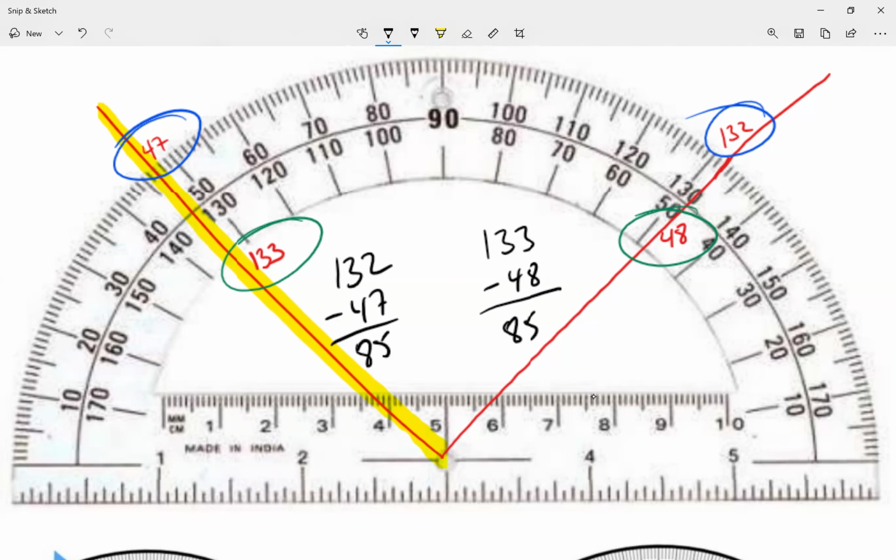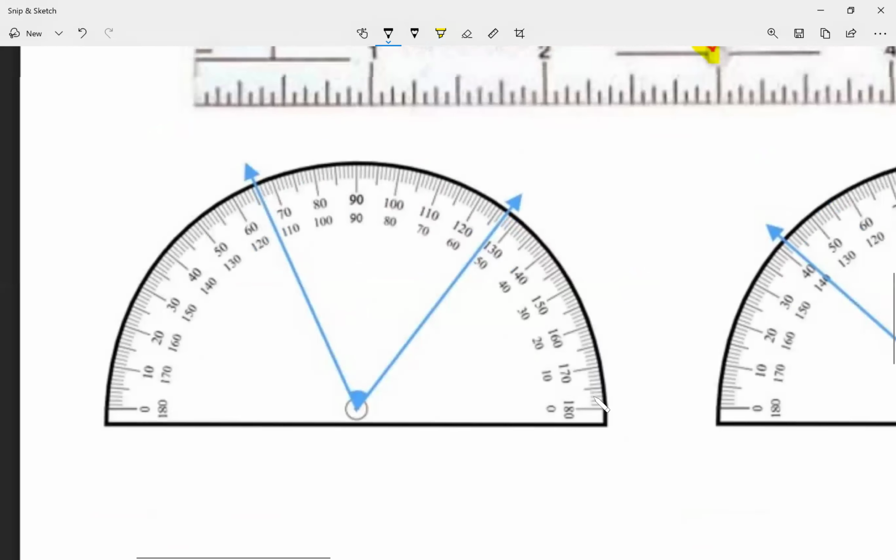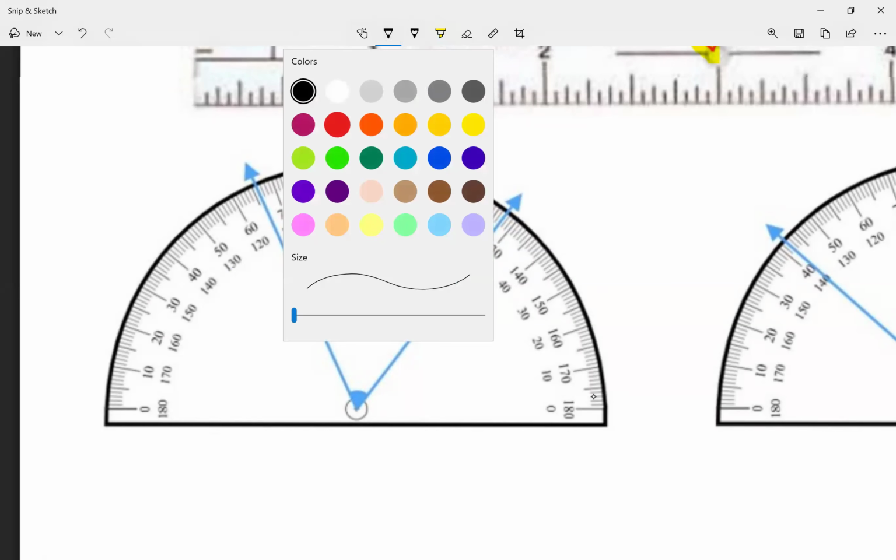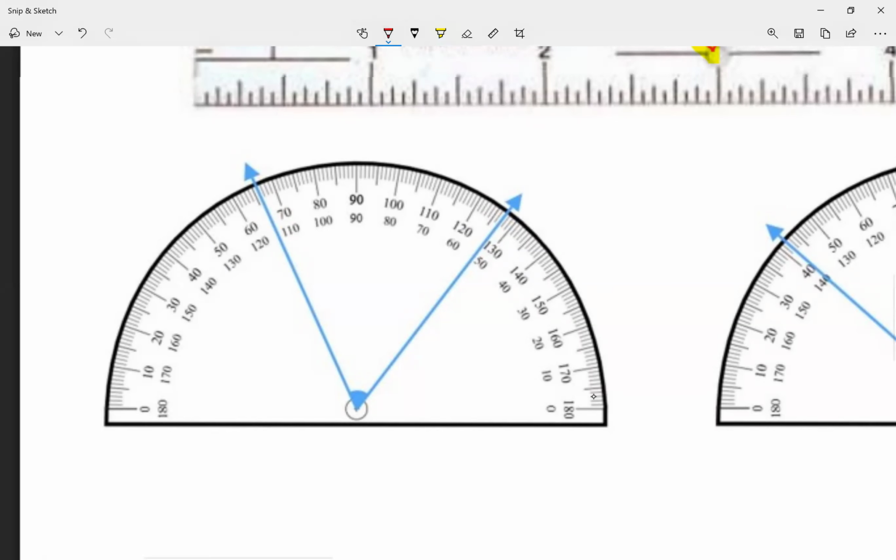So let's actually see how you're going to see it on your homework. It's going to be like this. Let me practice a few like this. If I'm doing outside numbers, I see here it crosses at 66, and then here it crosses at 122. So then I will go 122 minus 66.